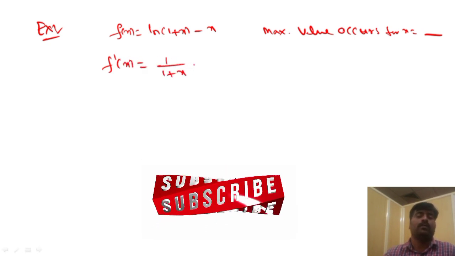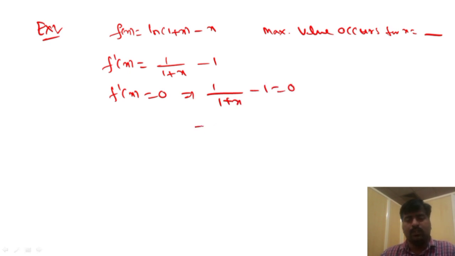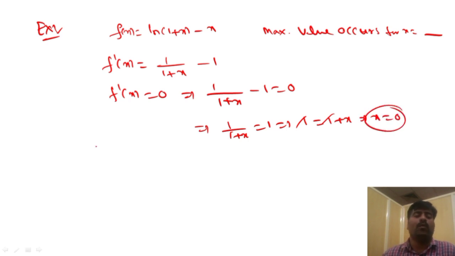The derivative of log is 1 by 1 plus x, minus 1. So by equating f dash of x to 0, 1 by 1 plus x minus 1 equal to 0. 1 by 1 plus x equal to 1, so 1 equal to 1 plus x, which means x equal to 0. Only one stationary point I got.